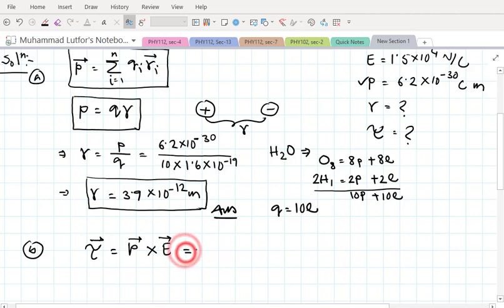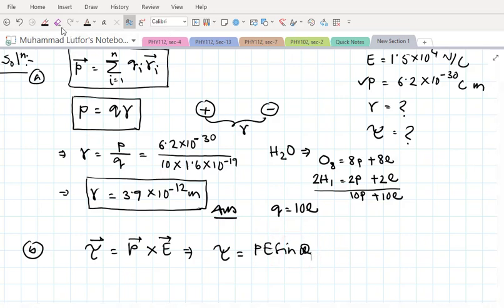And we can also write the magnitude of this torque as τ = pE sin θ. This will be our working formula over here, where I take the magnitude of the torque.